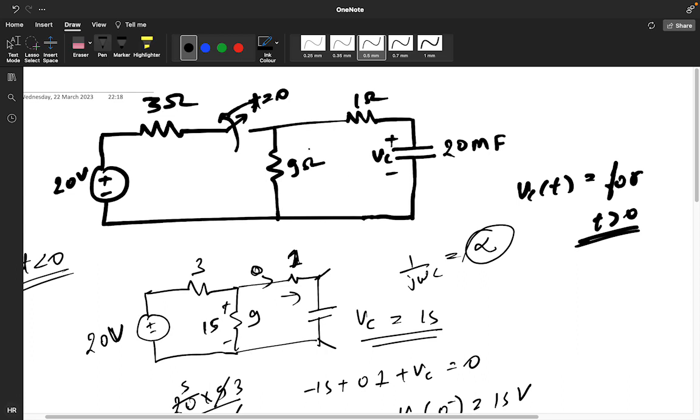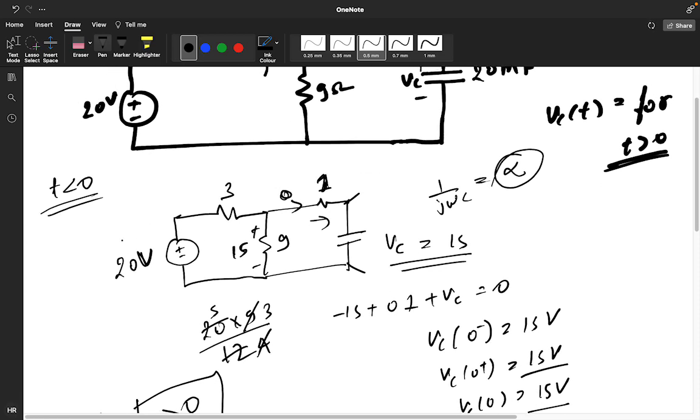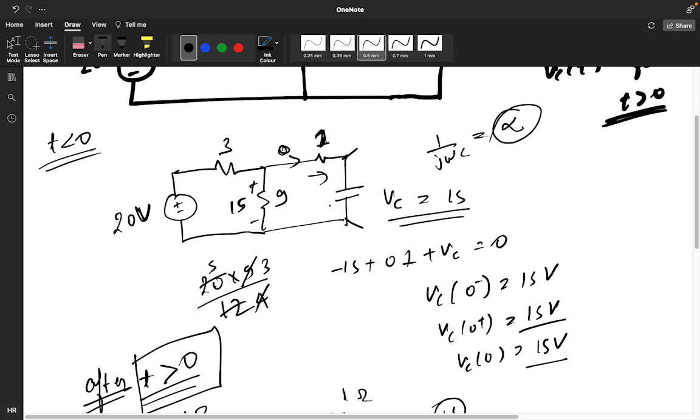See, this is my circuit. Initially the supply was connected like this. Now if it was connected from minus infinite amount of time to some particular zero amount of time, that means it is in the saturated position.